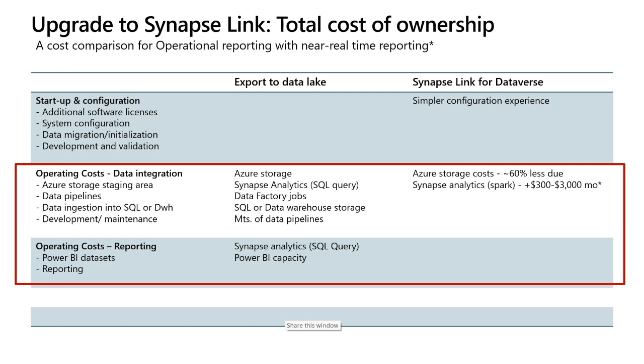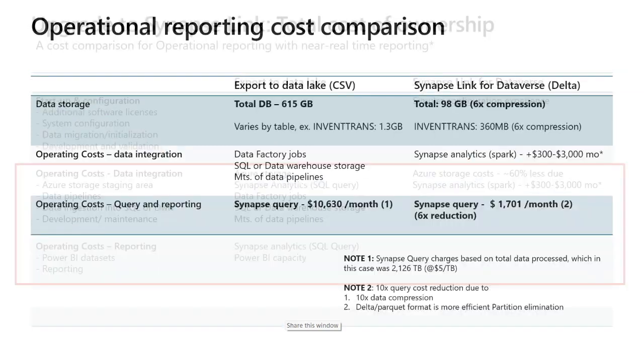However, the storage is much more compressed, and as a result, your reporting costs are going to be way less. So what we mean when we say reducing cost of ownership is that because of the Delta Parquet format and some of the improvements and simplifications that we've done, your overall cost of running this export process is going to come down.